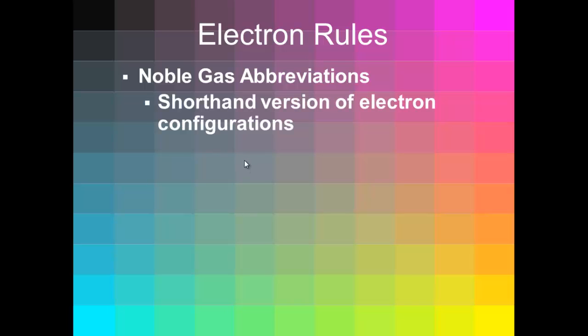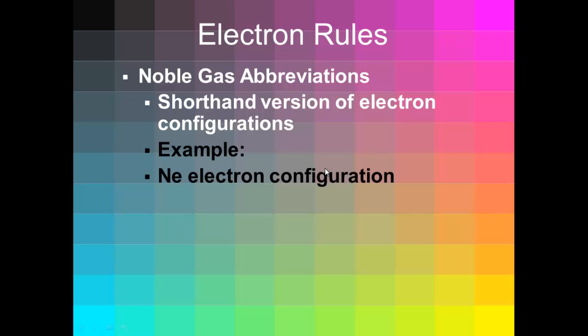So we'll go one more shorthand version, and we'll do that by looking at an example of neon as compared to sodium. So look at your periodic table, decide how many electrons neon has. Turns out there are 10. So let's do neon's electron configuration.